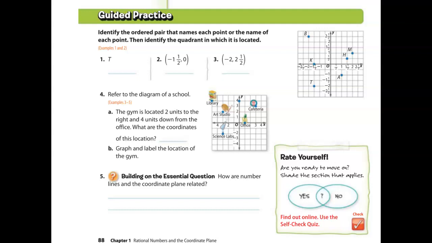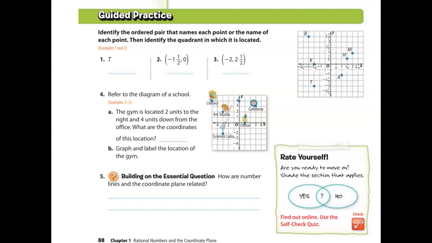If we find the letter T, it's over here. Remember, the first thing we always do is we go to the origin and we figure out how far something is horizontally on the x-axis. So if we go over, we're going to see that we have this point, which is negative 1.5.